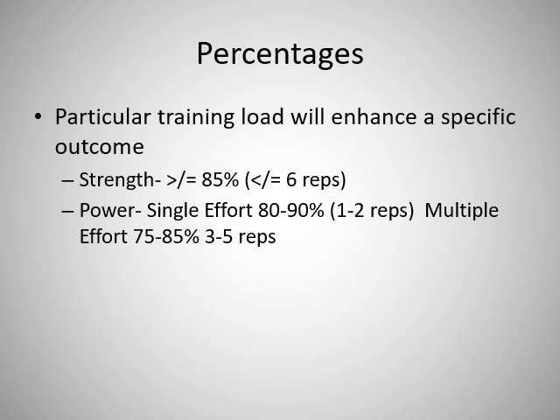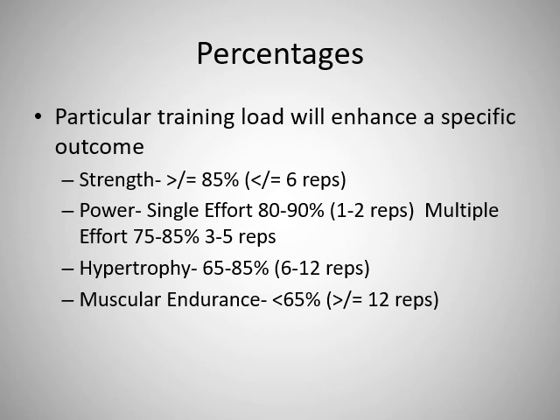There's single effort power in the 80 to 90% range for 1 to 2 reps, and for multiple efforts, 75 to 85% for 3 to 5 reps. That could also vary depending on whether you're using chains and bands as well, but that's approximately it if you're using straight weight. Hypertrophy is in the 65 to 85% range for 6 to 12 reps, and muscular endurance is less than 65% for greater than or equal to 12 reps.